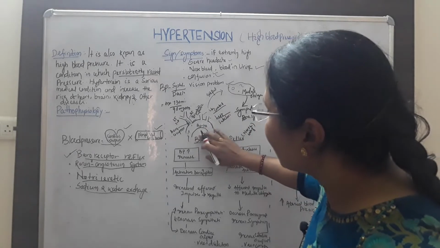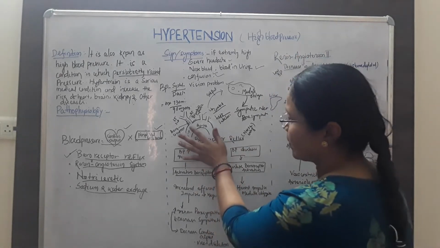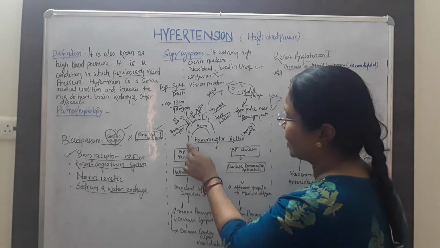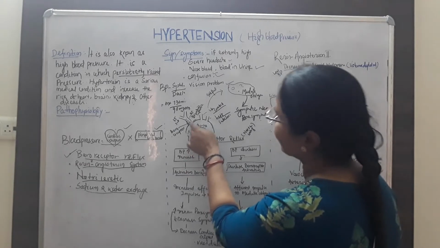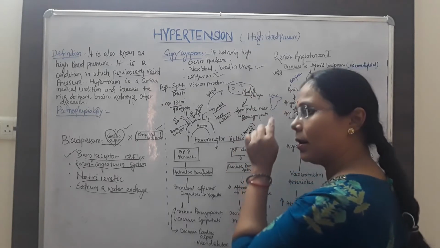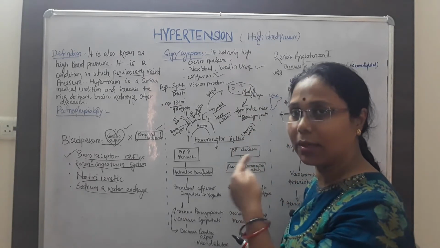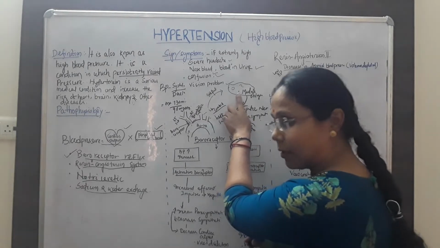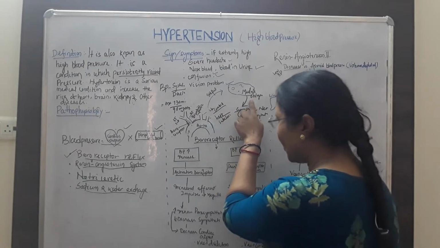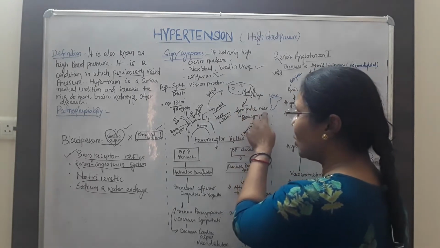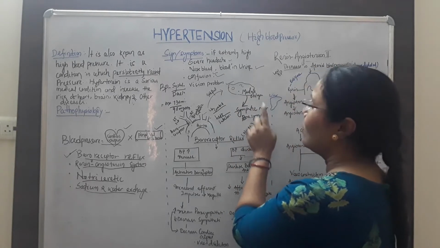So, when the baroreceptor first detects the rise in blood pressure in the artery, impulses are sent to the brain. In the brain, the cardiovascular center, under the control of the medulla oblongata, regulates the cardiovascular system. From the medulla oblongata, it sends impulses to the sympathetic nerve and the parasympathetic nerve.